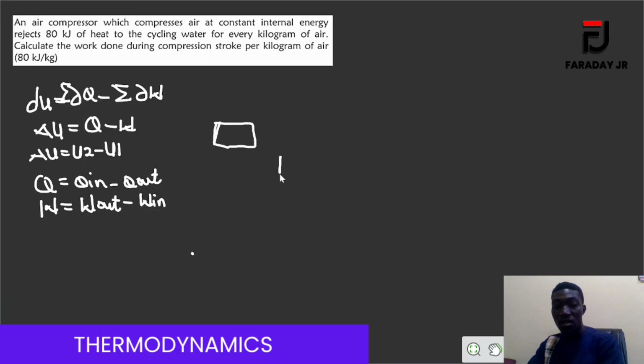as our steam power plant. Something like this, we have another one here like this. From this to this to this and lastly to this. So this is our boiler, this one our turbine, this one our condenser, and this one our pump.